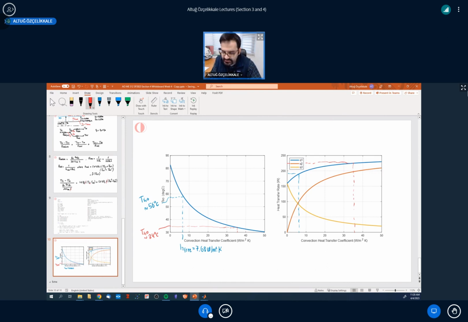So it's about 15% increase in heat transfer rate or Q loss due to forced convection.